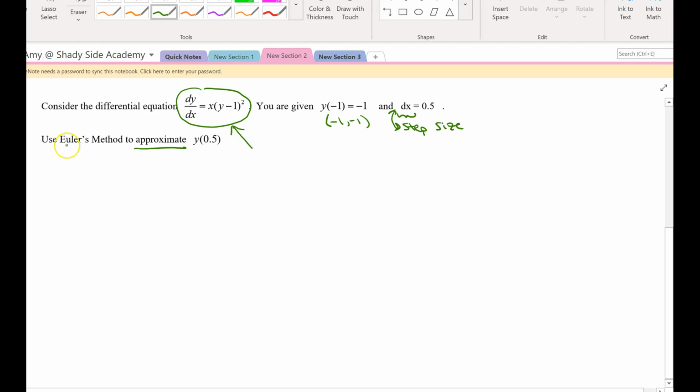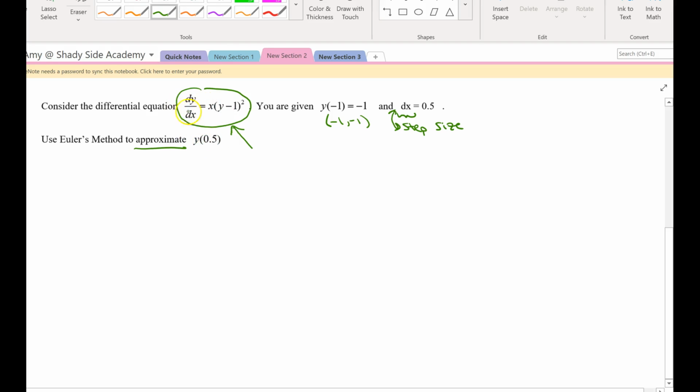All right, so let's set up Euler's method. So here's the question. Use Euler's method to approximate y of 0.5, okay? So I'm given the y value -1 when x equals -1, and this question is asking, what will the y value be when x equals 0.5, right?